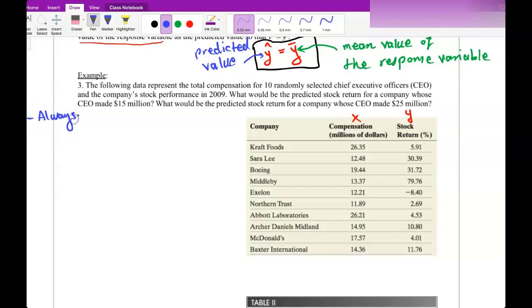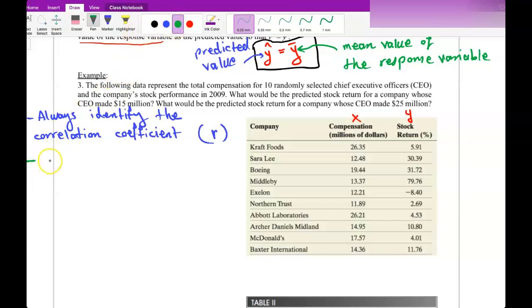So always identify the correlation coefficient, r. Then determine if the linear relation exists.